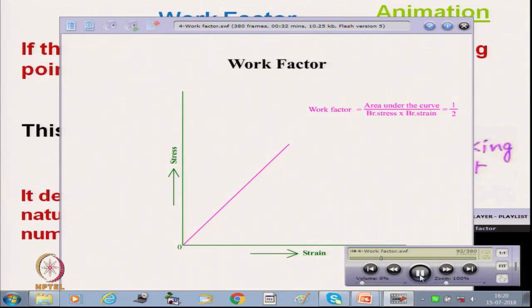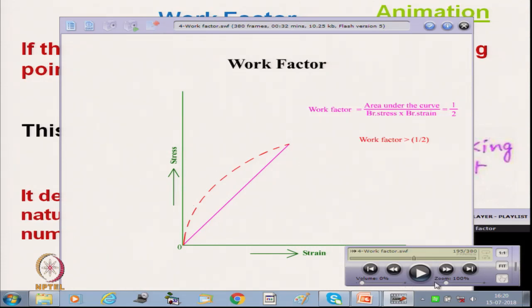Okay. Now, another material where there is an increase in this. So, what will be the work factor here? Because the area under the curve will be more than the straight line, the actual area under the curve will be more. And divided by the breaking stress and breaking strain, that means the work factor will be more than half.